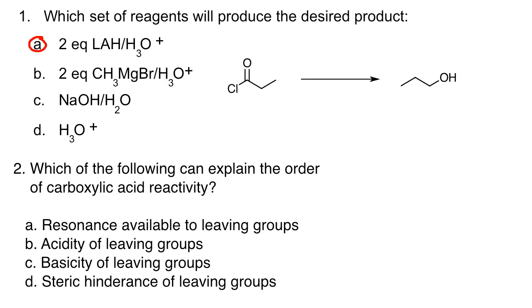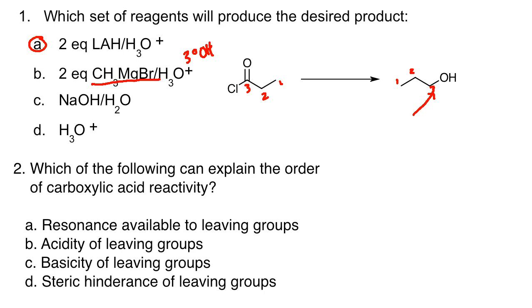What would the others have been? Well, if I went with B, this is a double Grignard, and double Grignards with acid chlorides are going to give tertiary alcohols. This is not a tertiary alcohol, this is the primary alcohol. If you take a look, it's got 1, 2, 3 carbons. I've got 1, 2, 3 carbons right here.